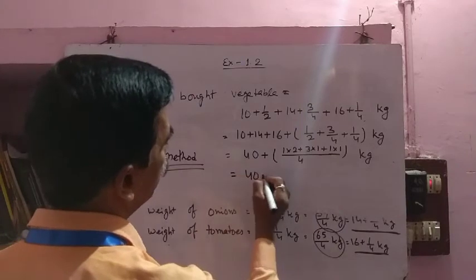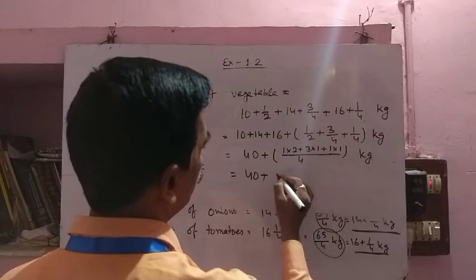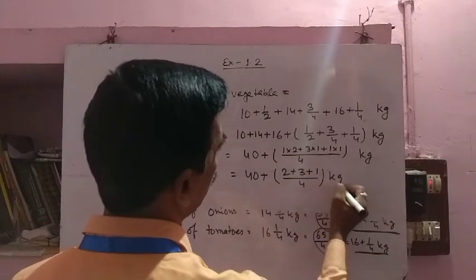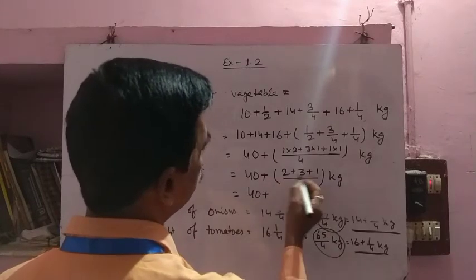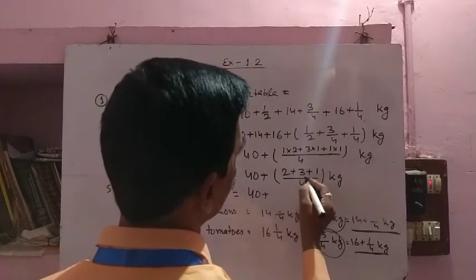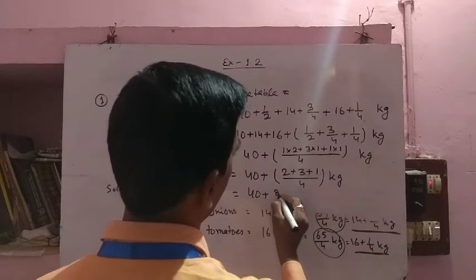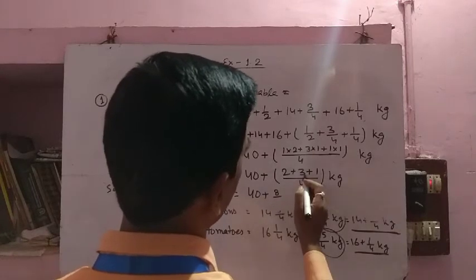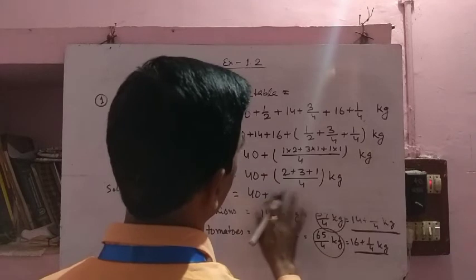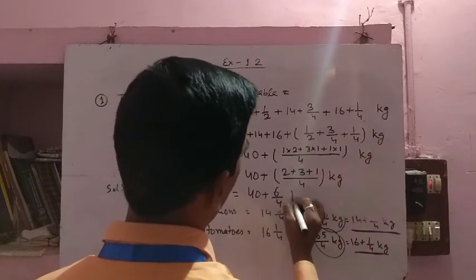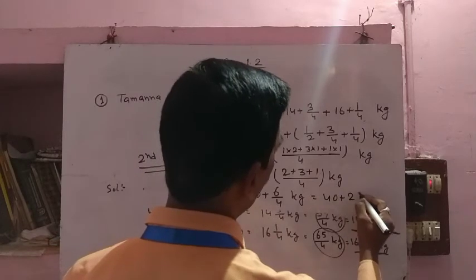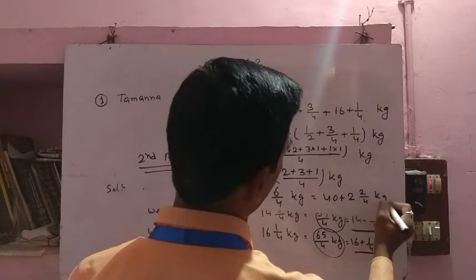So it becomes 40 plus 2 plus 3 plus 1 by 4 kg.